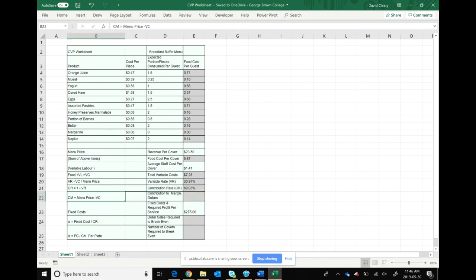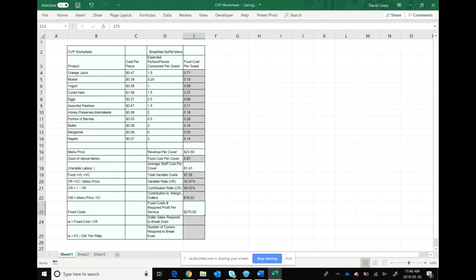Here our contribution margin, the equation, sorry, is your menu price minus your variable costs, or with the CVP equation, it's your sales minus your variable costs, but we don't have that here. We have menu price. So we take our $23.50 and we subtract our total variable costs, and it gives us a contribution margin of $16.22.